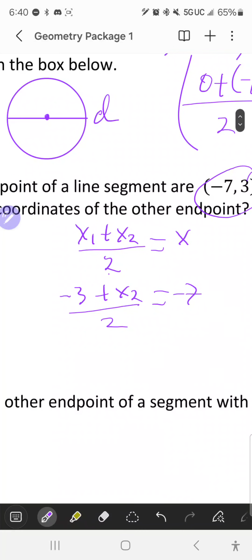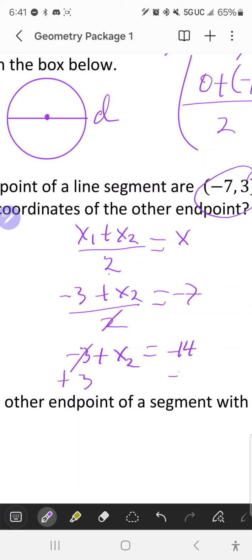Now it's just algebra we need to solve. We multiply each side by 2 to get rid of these 2s. And we get -3 plus x2 equals -14, since -7 times 2, they have different signs, so the negative is kept, and 2 times 7 is 14. Now we add 3 on both sides so we can get rid of this -3.